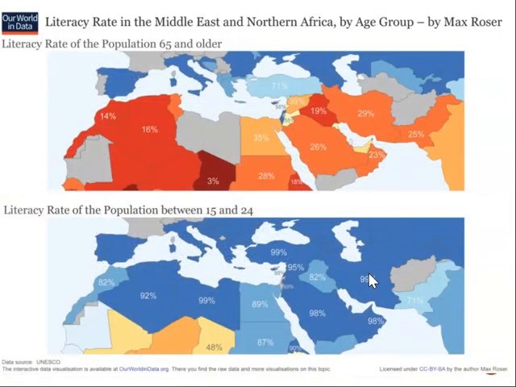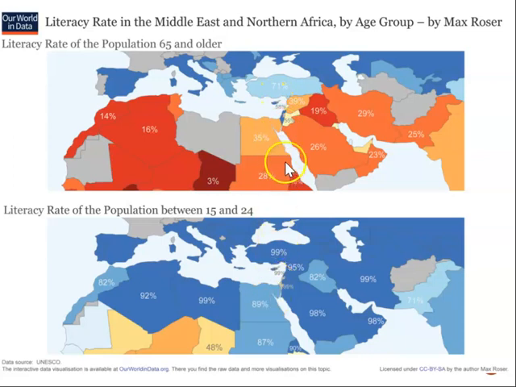This is just showing you in part what I was telling you about, maybe relating to technology, but also education levels. This is just a map that shows you by percentage the number of people who can read and write, literacy rates. This was done, I believe, around 2016, 2017, so it's a couple of years old, but it's showing you the percentages.